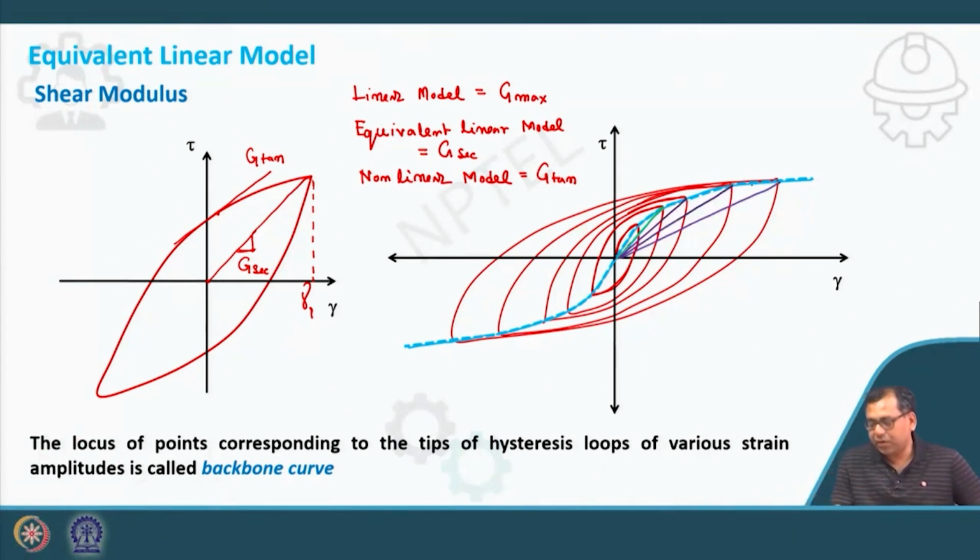So at every point on the backbone curve you can get a secant shear modulus, corresponding to different strain amplitudes. This is one strain amplitude, this is another; say this is strain 4, this is strain 3, strain 1. So I will get a secant shear modulus at every point, and you can see that your shear modulus is not constant, it is changing as your strain changes.